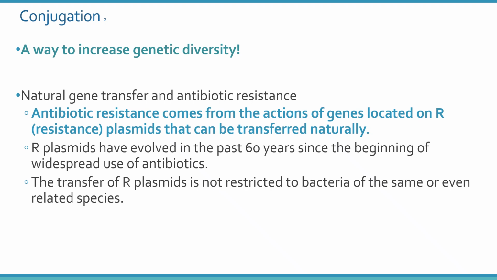So we say that the specific plasmids that contain antibiotic resistance are R plasmids or resistance plasmids, and these are a natural adaptation of bacteria. So we have isolated antibiotics from a variety of natural sources, some from other bacteria, because bacteria will produce antibiotics against other bacteria, or fungi will also do this.